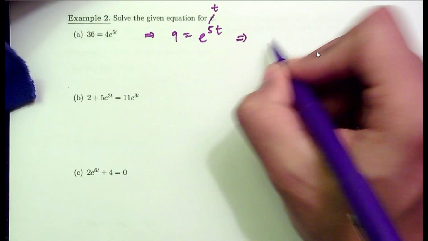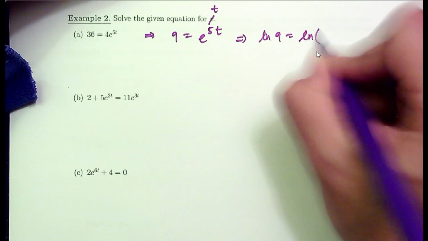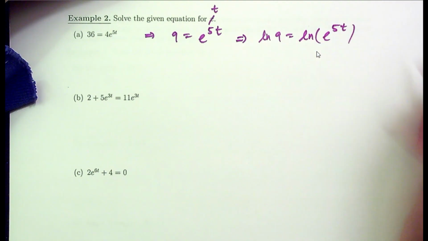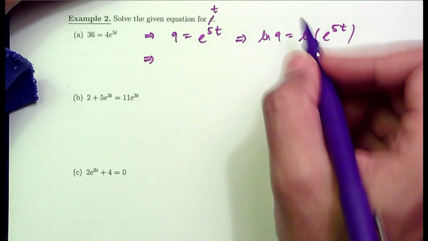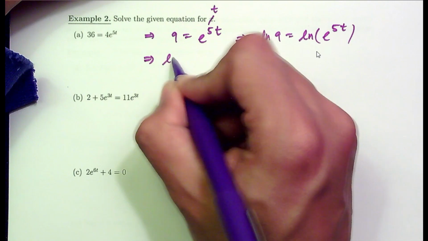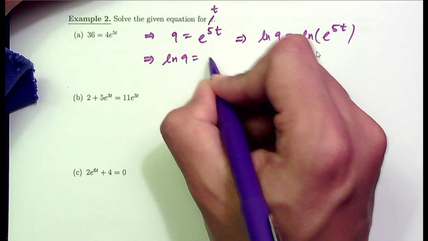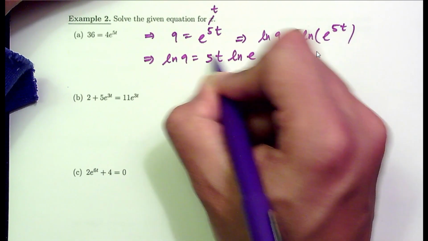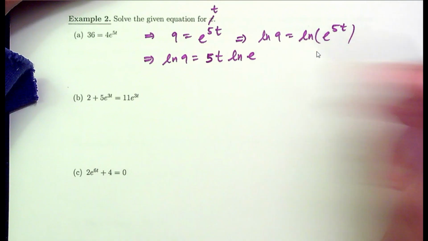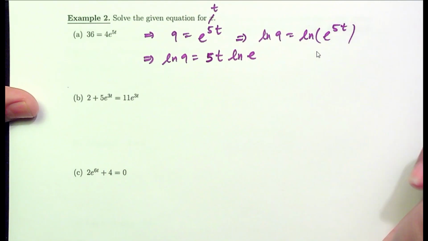So taking ln on both sides becomes ln of 9 equals ln of e to the 5t. Then I want to move this 5t to the front, so this becomes 5t times ln of e, using the property of logarithm.